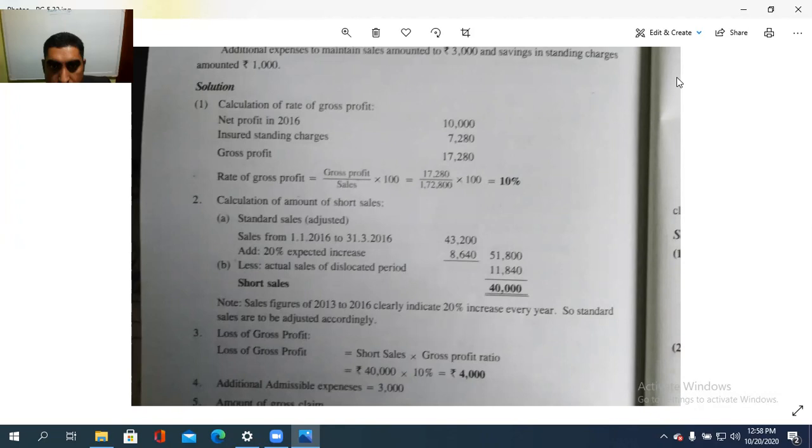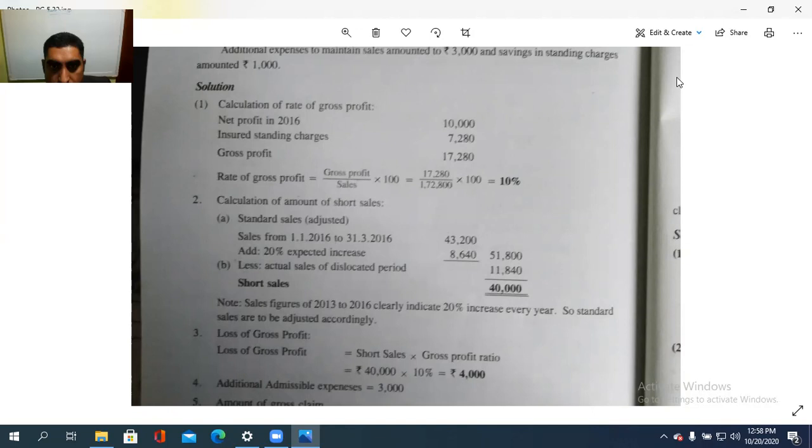Then additional expenses, how much is it? I think 3,000. Then gross claim amount is equal to GP on short sale plus additional expenses minus savings on insured standing charges. So GP on short sale is 4,000 plus additional expenses 3,000 minus 1,000 of standing charges.